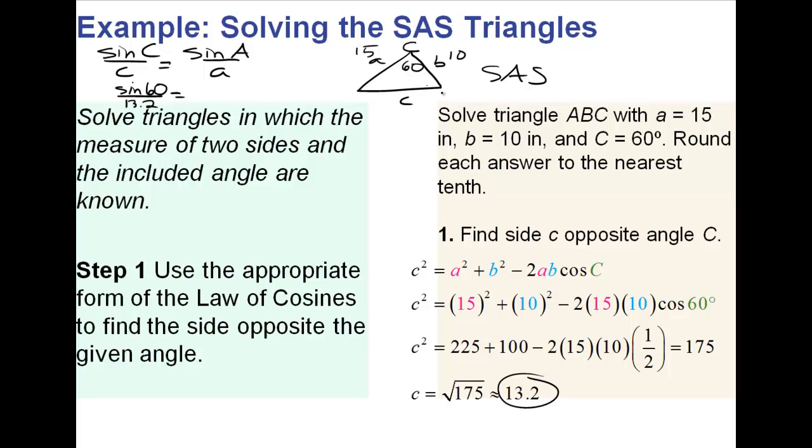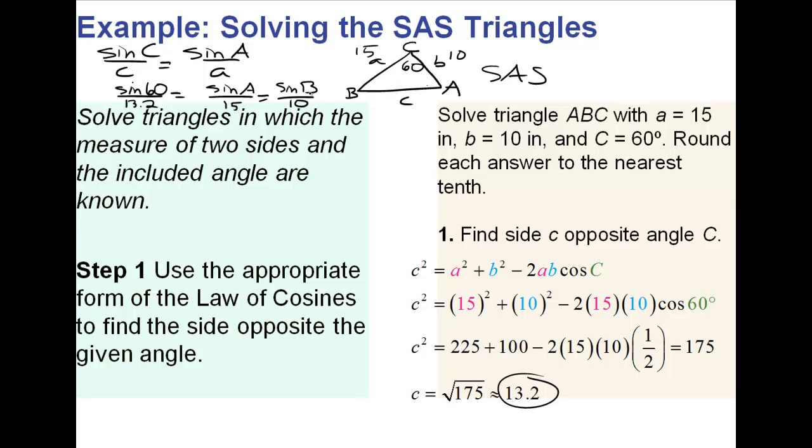Remember, A would be this one here. It's going to be sine of A over A, which is 15. And it's also going to be sine of B, this one, over its side 10.